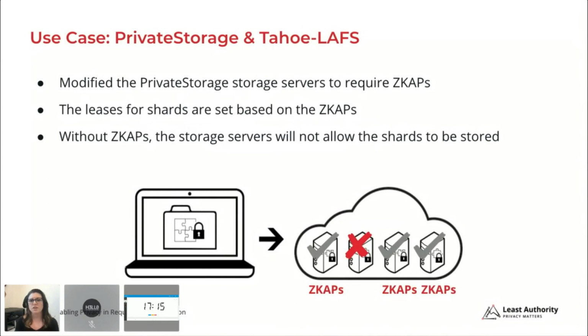And the leases for shards are set based on ZCAPs. Without ZCAPs, the storage servers will not allow the shards to be stored. So we added this extra layer on top to be able to do that access control. So if somebody hasn't paid, then we won't store their data for them. But also doing this, like I said, in a way that doesn't have to be based on accounts.